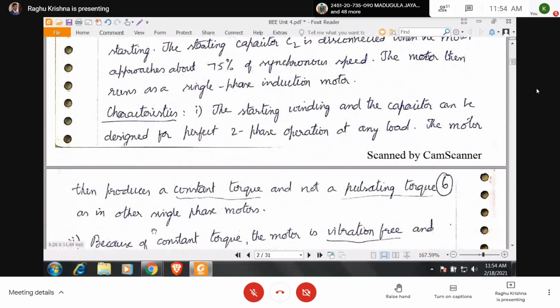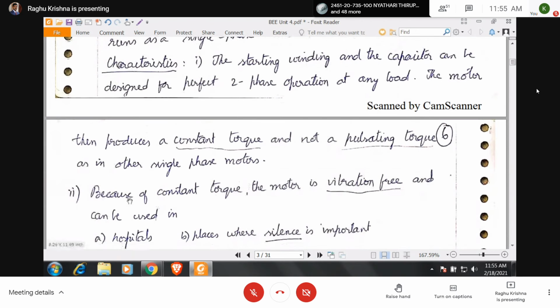So we get a constant torque and not a pulsating torque. The field will be rotating, the direction will be changing, but the magnitude of the resultant flux must be the same. We design it in such a way that it produces a constant torque, not a pulsating torque.